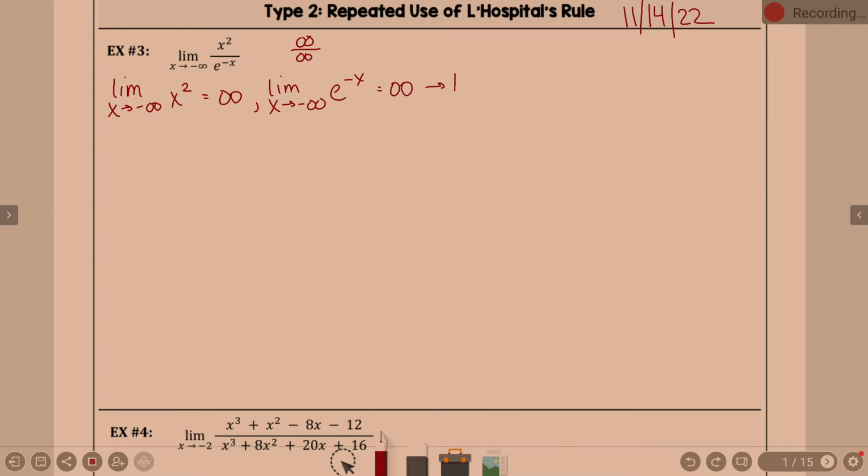And if you want, you can mention something about indeterminate form. You don't necessarily have to use that wording, but you can. And so because it's indeterminate form, we're going to go and use L'Hopital's. Okay?